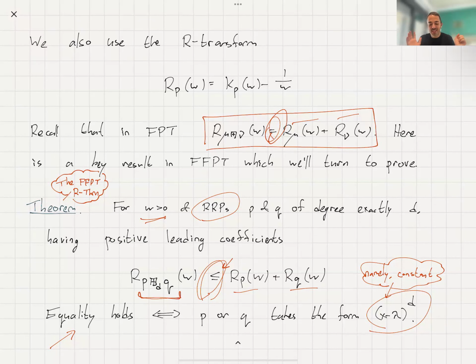So usually you have inequality, not equality, which is good for bounding the support, as we will see, but it's not there yet. The better the bound on the R transform, the better the bound on the support. And in infinite free probability theory, you have equality. So the inequality is kind of an irregularity that happens only in finite dimensional things.